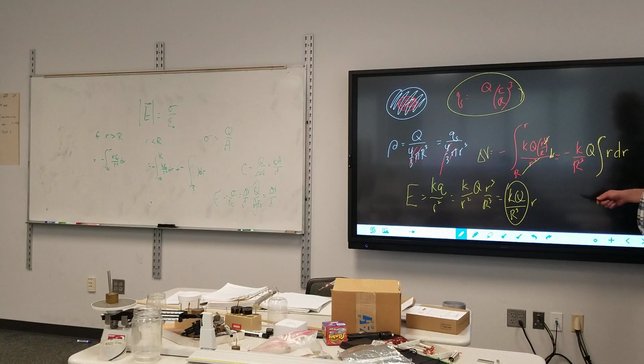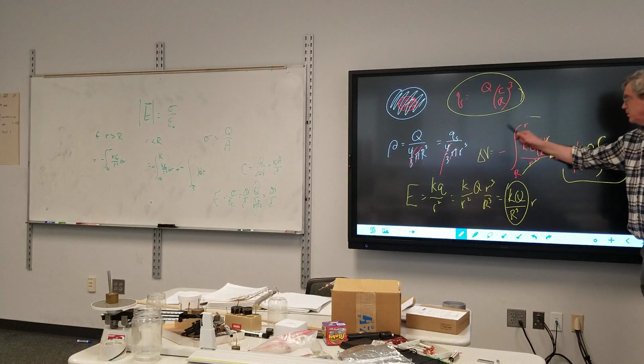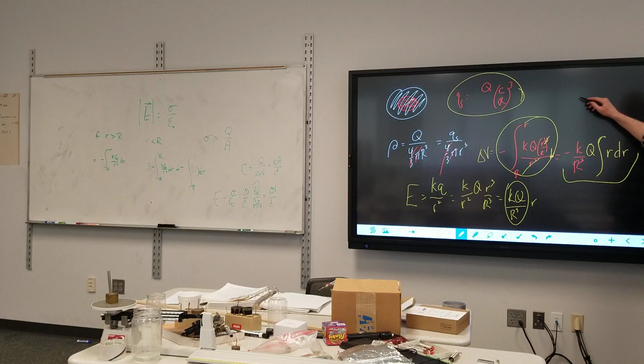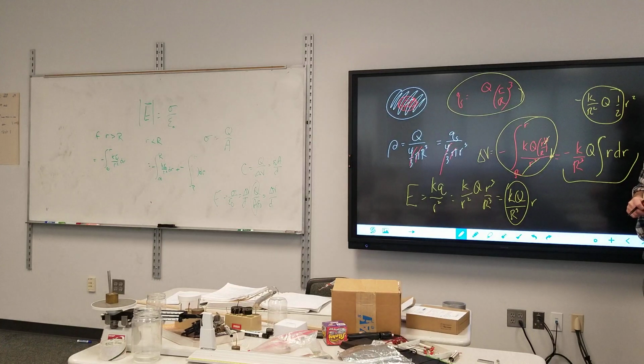When I plug into this part right here, when I'm actually solving for the voltage, this first part is just some number. The second part, you'll have negative k over R squared Q times 1/2 r squared. So that is just a constant.